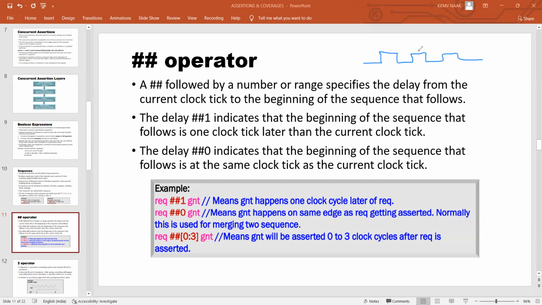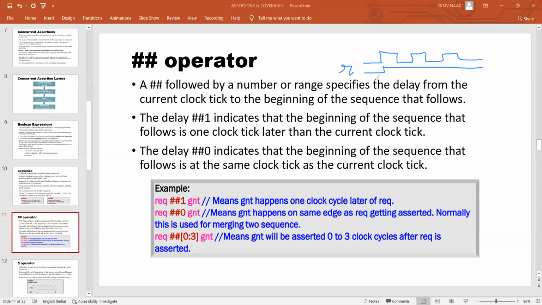So this is your clock. Okay. And this is your request signal. Your request signal at the positive edge of a clock, you are writing, so your request signal should be high. Let us consider your request is high. This is your request signal.